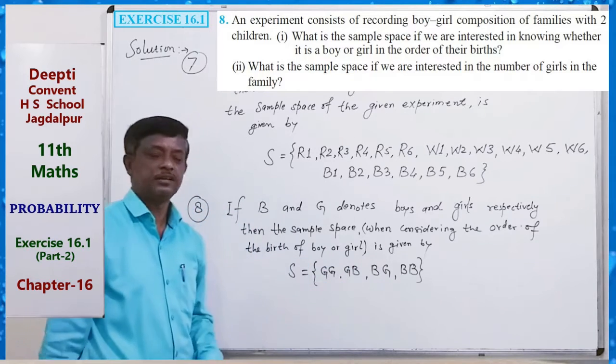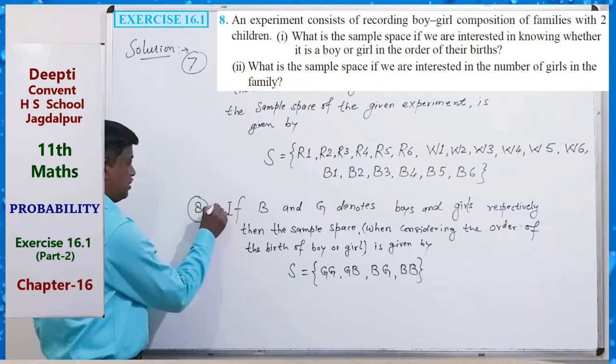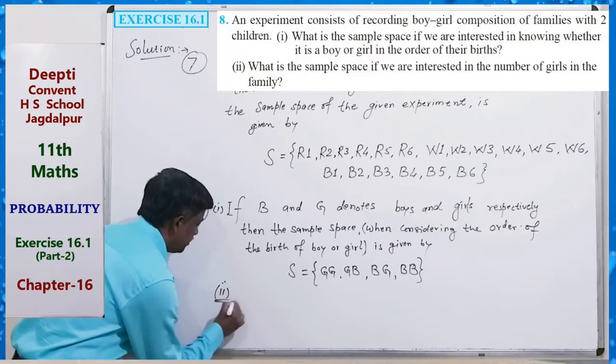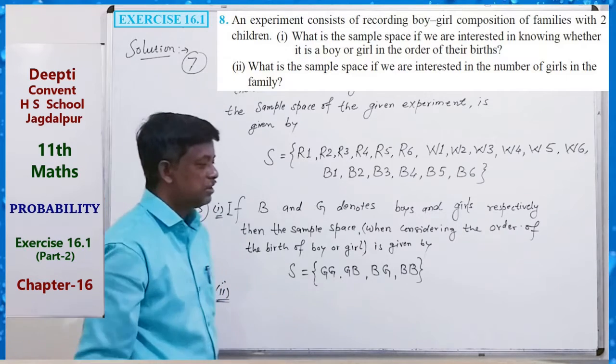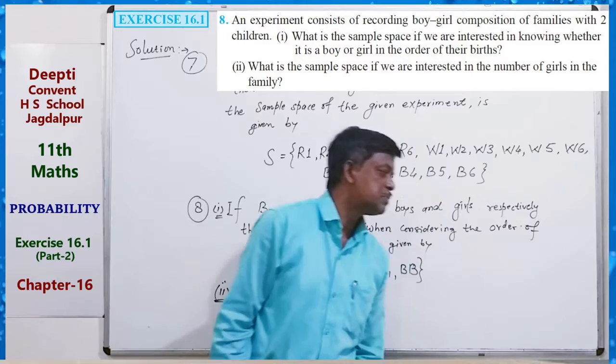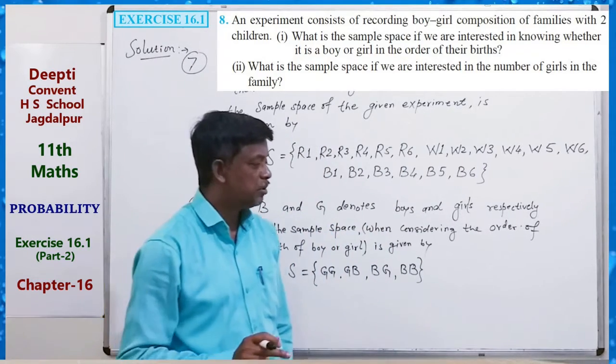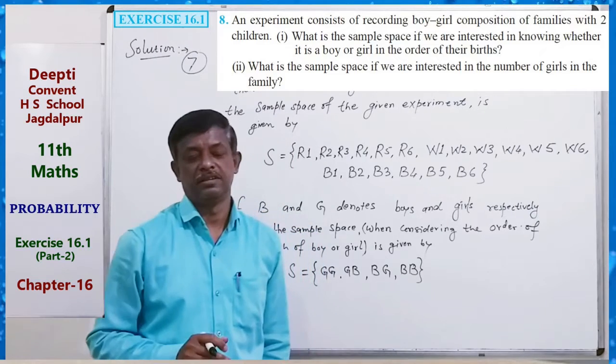Two children are there. This is 8 first, and 8 second. What is the sample space if we are interested in the number of girls in the family?